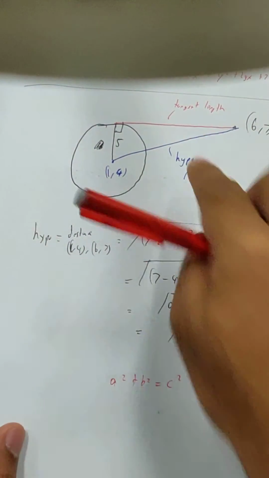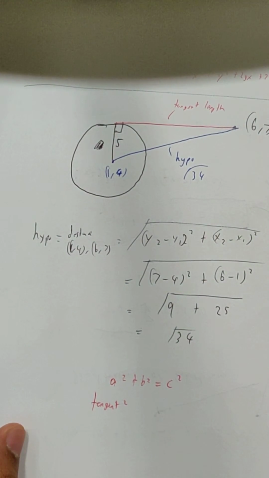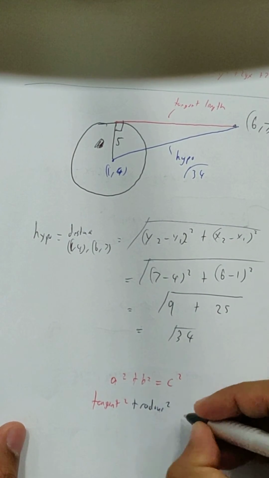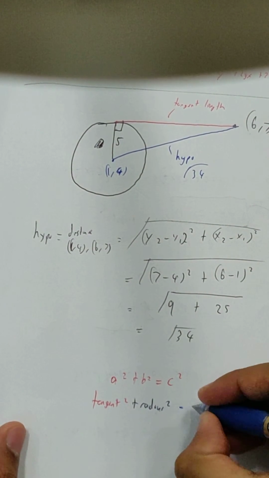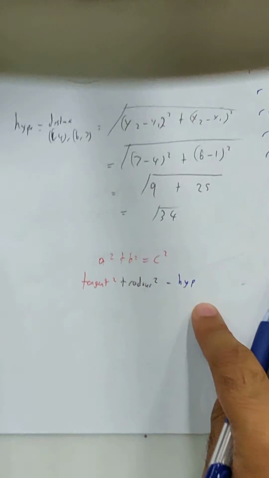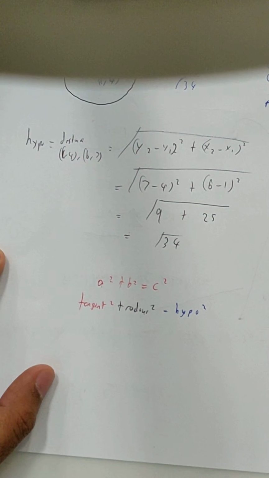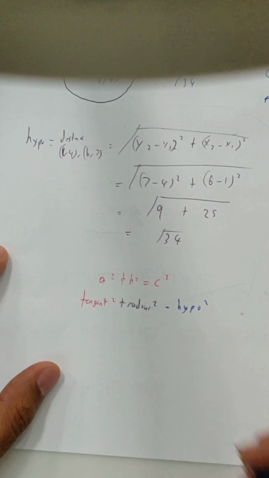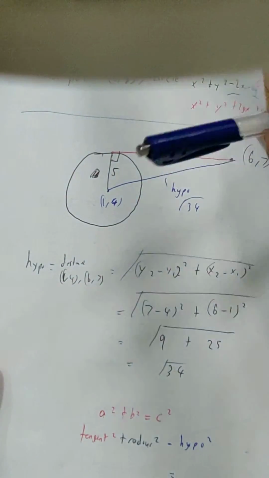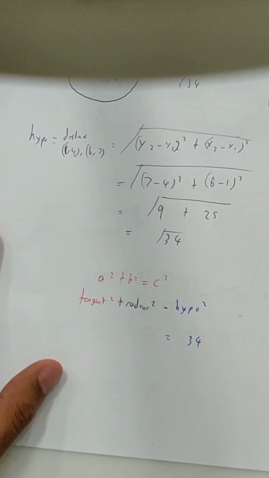We can take this one as our tangent, plus radius squared equals to the, sorry about that, hypo squared. My hypo is square root 34, becomes 34.